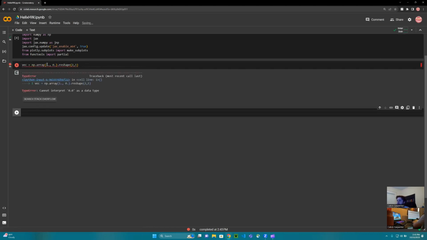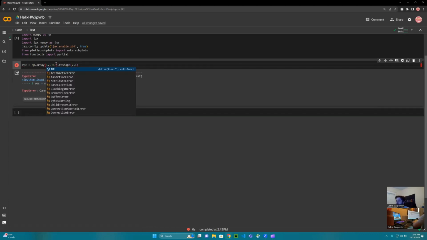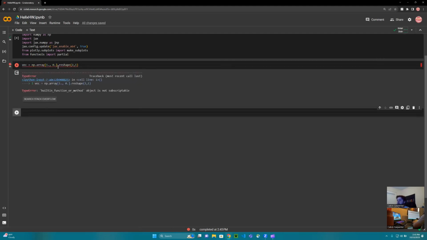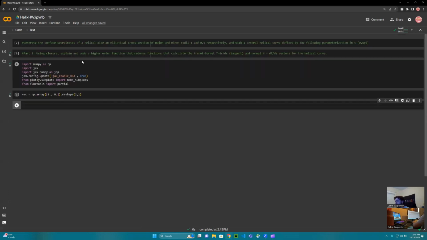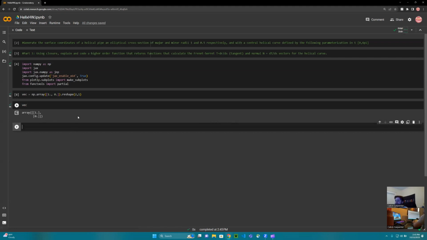Oh boy. We're having difficulty already, ladies and gentlemen. There we go. So that'll return our vector in the form of 2 rows and 1 column through this reshape function, as you can see here.